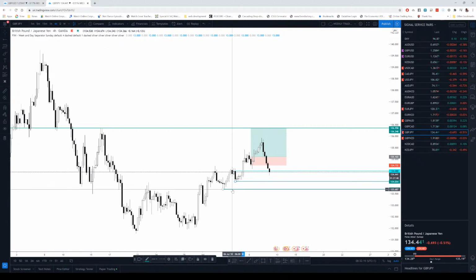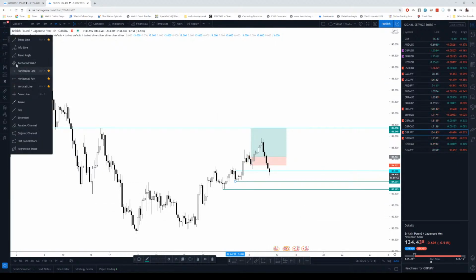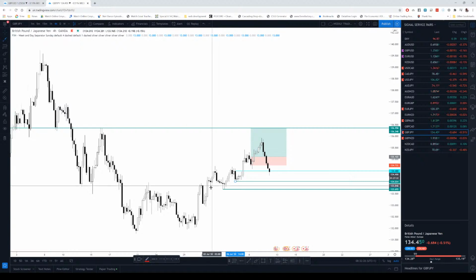I think they will probably run this, looking at what they've done with Euro Yen. Same thing, perfect trend line. Okay, so they're going to run this.